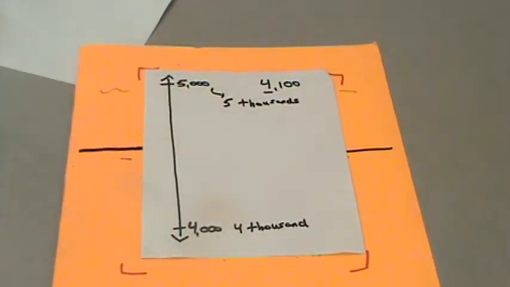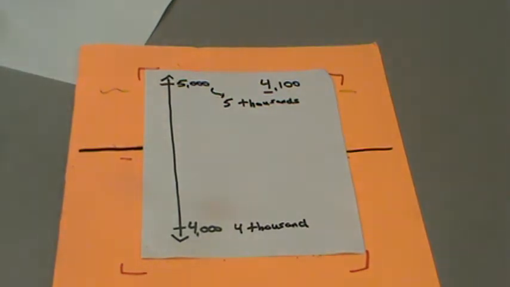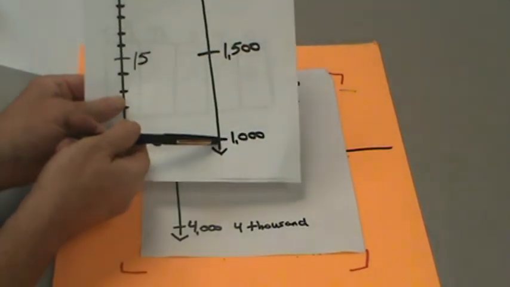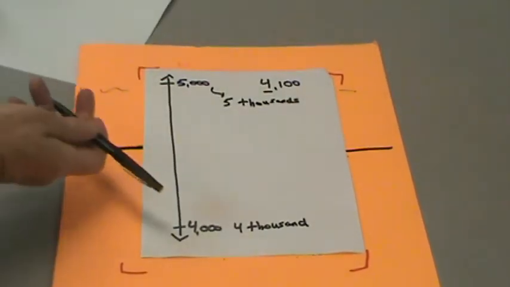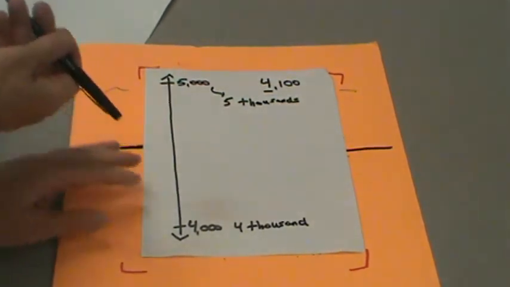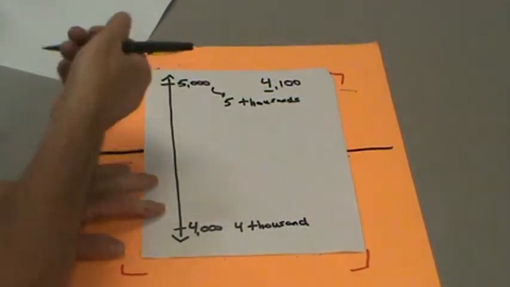Now remember we talked about where the midpoint is. So think about the midpoint. What is it going to be? Well, remember when we looked back at this chart, this vertical number line, we had 1,000, 2,000, and the midpoint was 1,500. So our midpoint should be 4,500, right? 4,000, 4,500, 5,000.